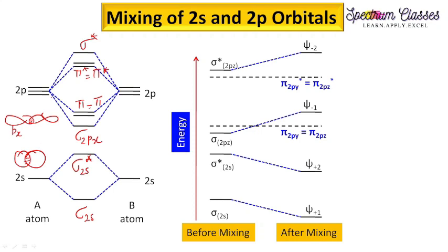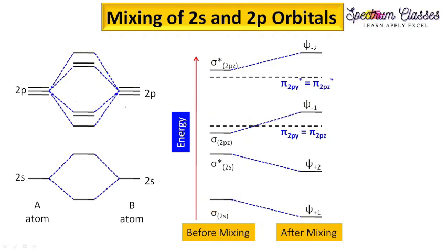These two atomic orbitals, due to the small difference in their energy and almost the same symmetry, combine or mix together to form hybridized molecular orbitals. So what are these hybridized orbitals? Initially we have this order: sigma, sigma star, sigma, and then sigma star. I'm going to highlight these four molecular orbitals here.